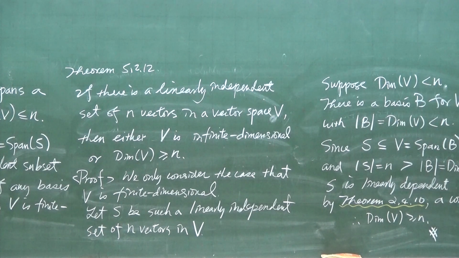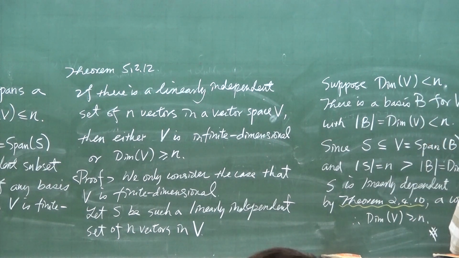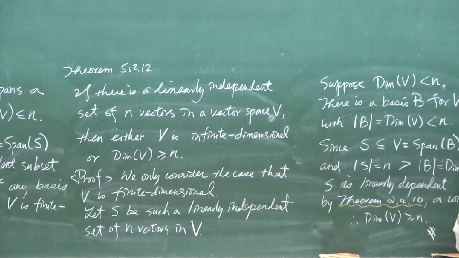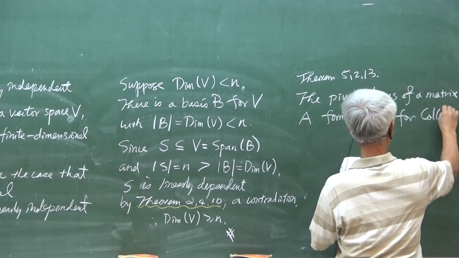So we will see a very good application to the column space of a matrix. (5.2.13) The pivot columns of a matrix A form a basis for the column space of A.